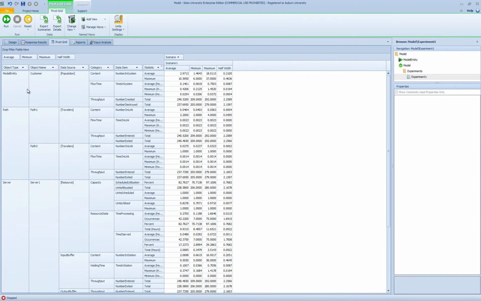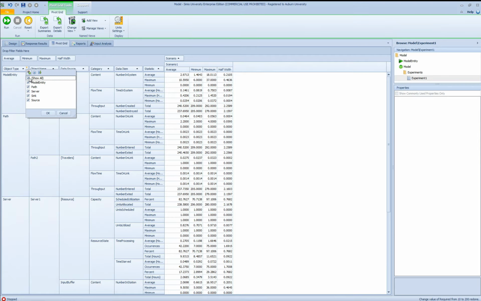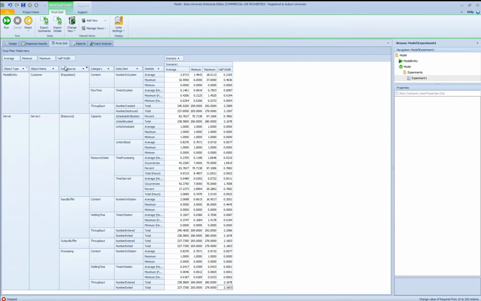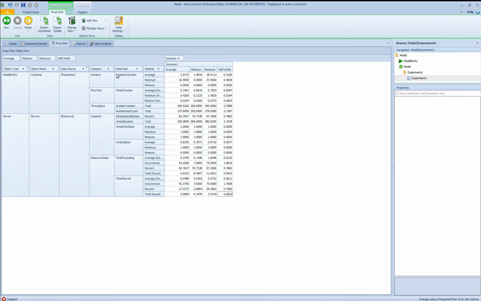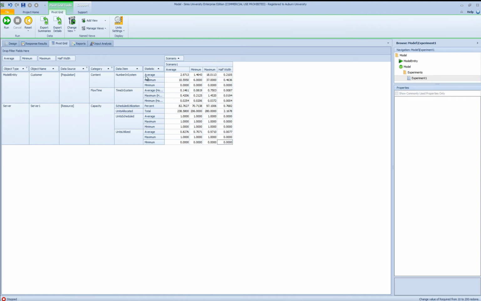So I can now go back to my pivot grid and look at my simulation outputs. I'm going to just focus on the model entity and server objects, and then just the population and resources. And I don't care about holding time, resource state, throughput. What I want here is number in system, time in system, and scheduled utilization.